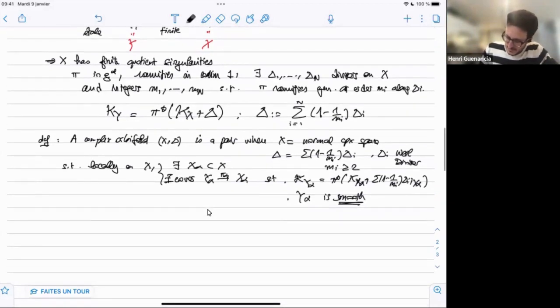Okay, and the result of this is that Bn mod gamma endowed with this ramification divisor delta that I defined earlier is a complex orbifold.